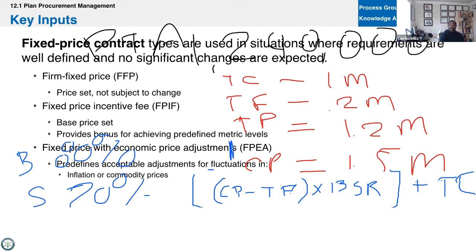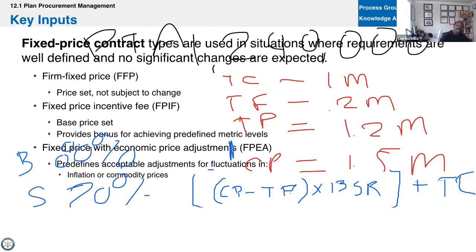That means we would have 80% of 800,000, which would be 640,000. That's where we reach the point of total assumption, 1,640,000. So that type of contract is where the incentive fee is to keep costs down.